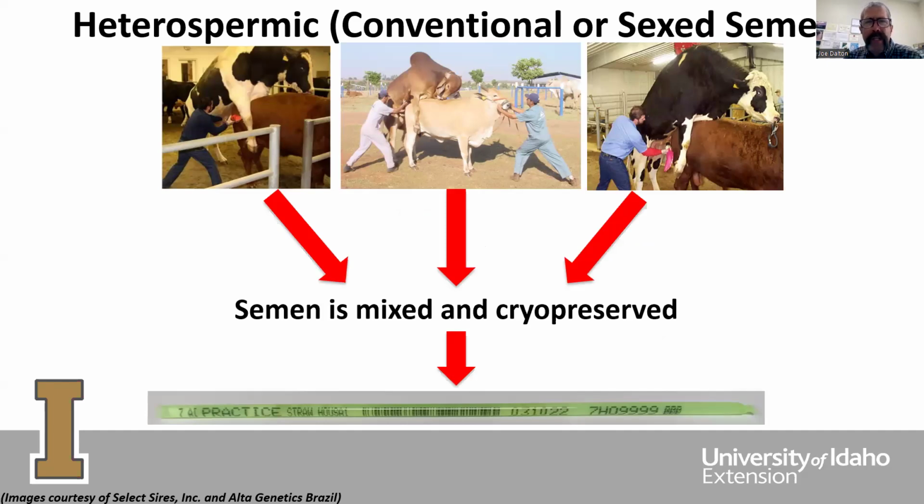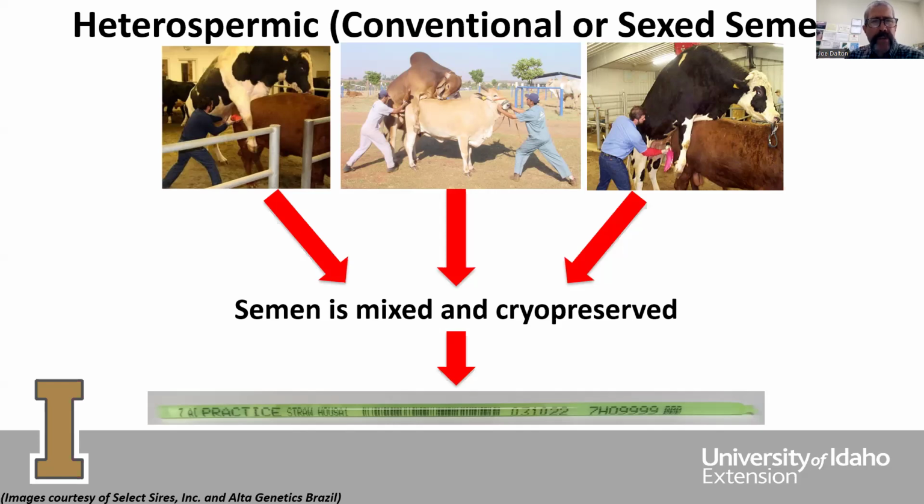So with heterospermic, and this could be conventional semen or sexed semen, we have collection from multiple males. What we have here are 3 different bulls, and the bulls could be of the same breed, if that's desired, or different breeds, depending upon whatever is desired. And we are going to collect these males in the same exact way.